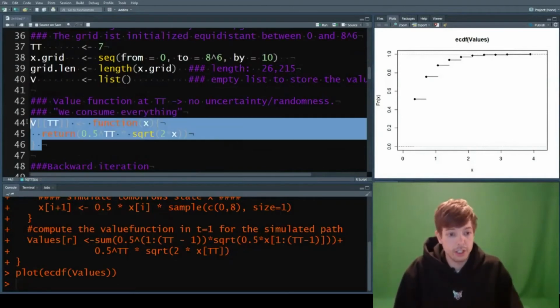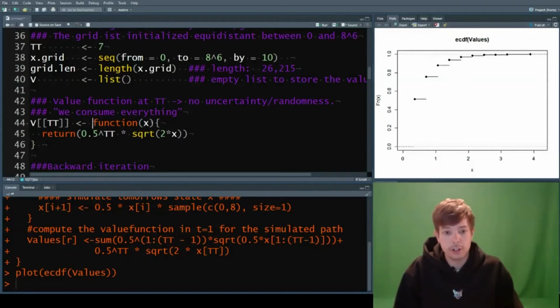That's the value function in the final period. And remember, this is by definition already a function. So we can use this object v at T as a function. Just put round brackets behind it, plug in any number, and this will return a number for you, namely the value function at period 7.